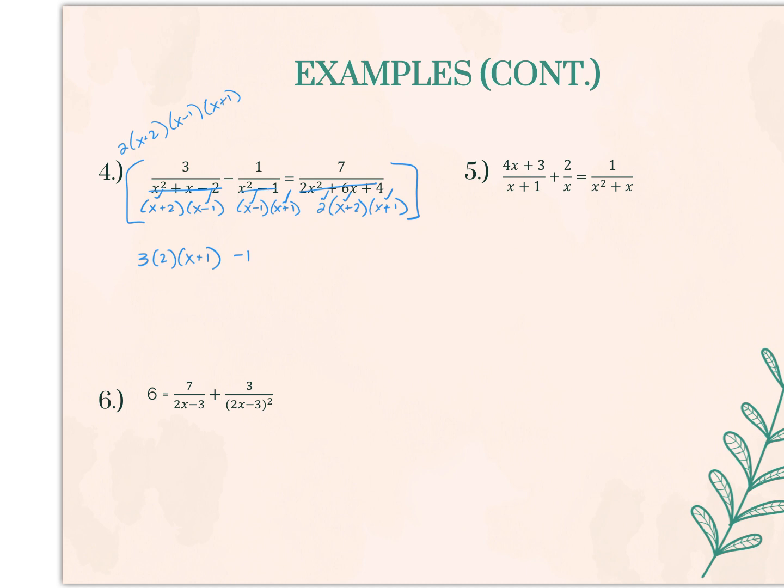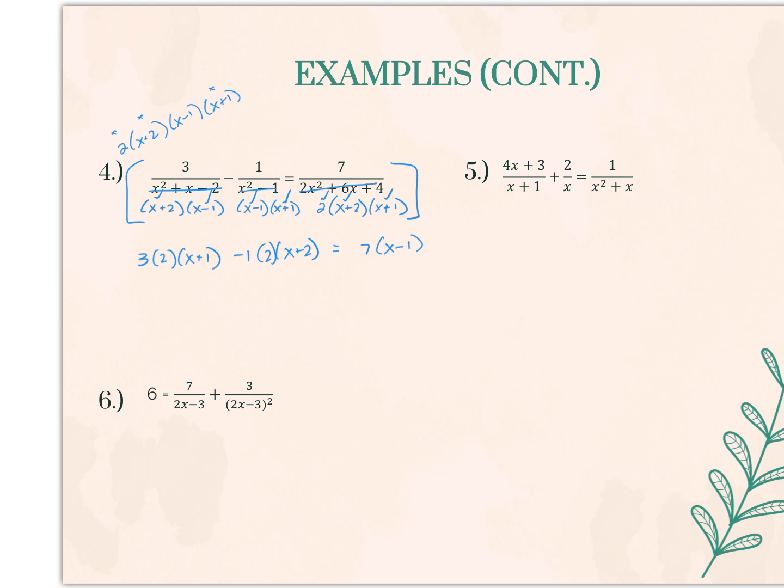Well, again, I'm going to take out an x minus 1, and an x plus 1 is going to get canceled, leaving me with a 2 and an x plus 2. And then it equals 7 times something, right? So again, I go back through and I say, okay, the 2's going to cancel out, the x plus 2 is going to cancel out, and the x plus 1 is going to cancel out, leaving me with just x minus 1.